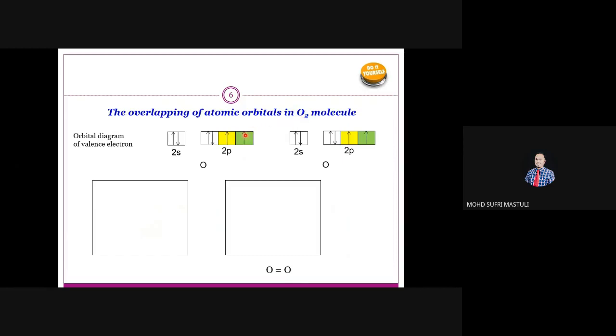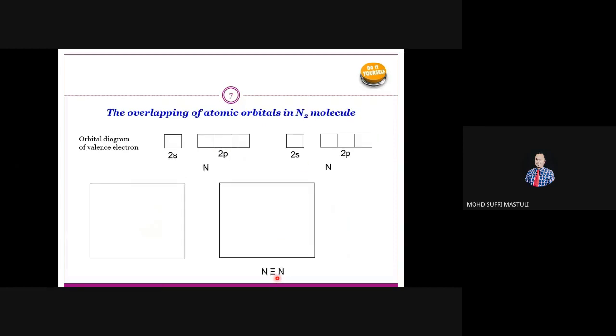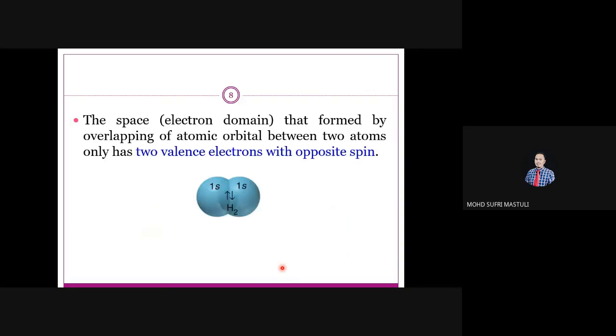This orbital overlaps this orbital, and this orbital overlaps this orbital to form the oxygen double bonding. And this one, triple bonding. Also in the overlapping region, we will find two valence electrons with opposite spin, up and down, up and down, up and down, and also up and down.